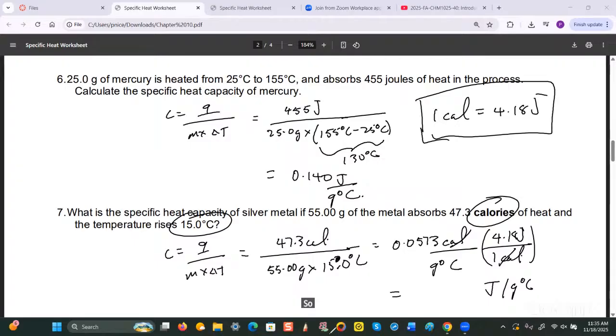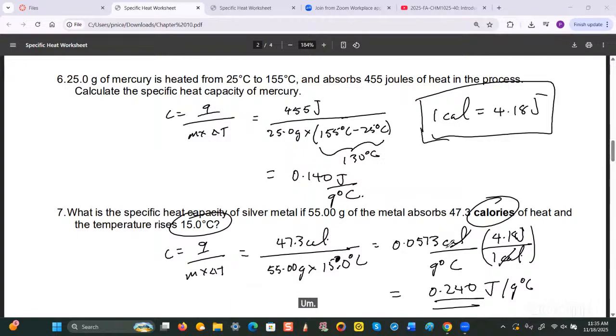So that means I have to multiply the 0.0573 by 4.18. And according to my calculation, rounded to 3 sig figs again, I got 0.240. So both of them are correct.